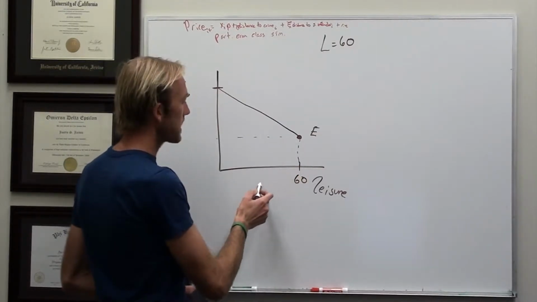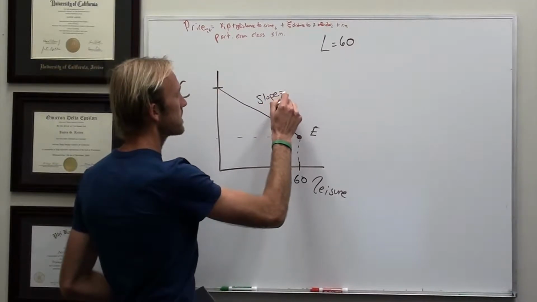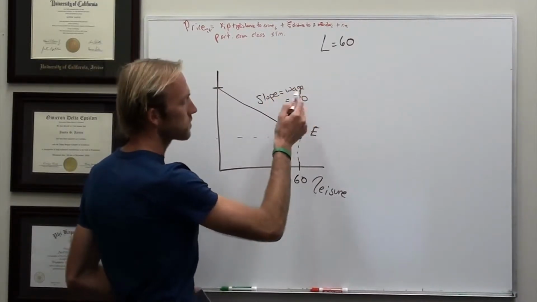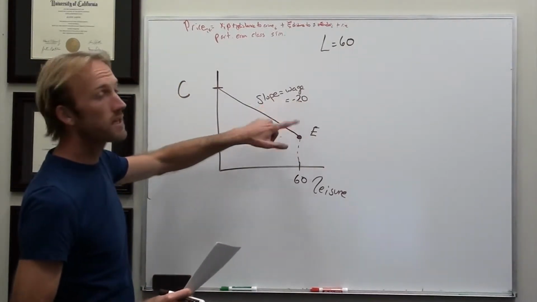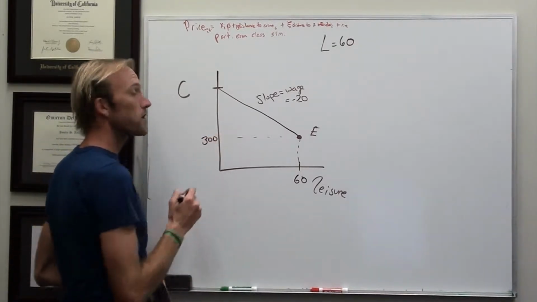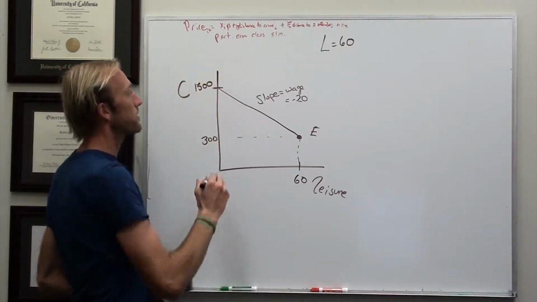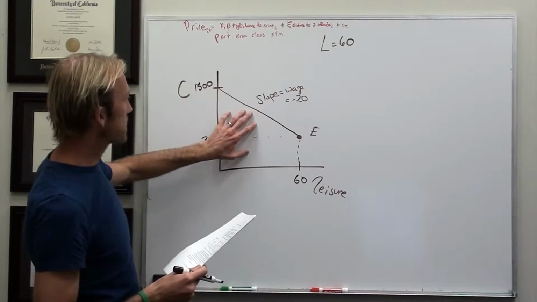Well, if you took your 60 hours of leisure and multiplied it by the slope, which is equal to the wage, negative 20, or just 20, then that 60 times 20 is $1,200, plus the $300 down here from your trust fund, and you get a total of $1,500. Okay, so this is your budget constraint.